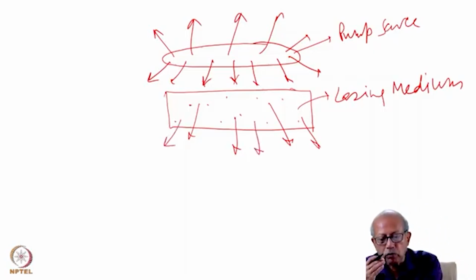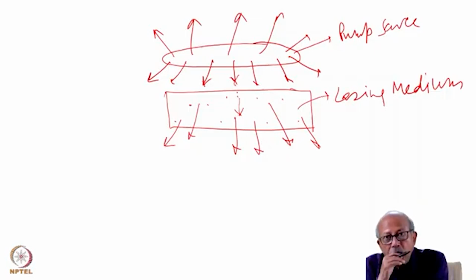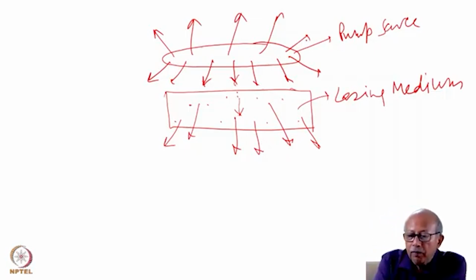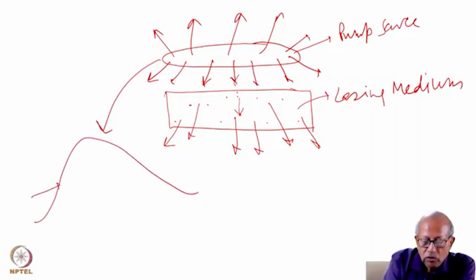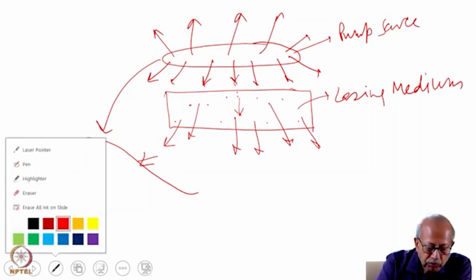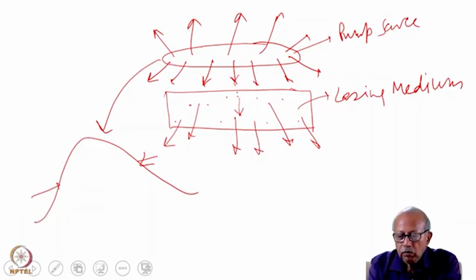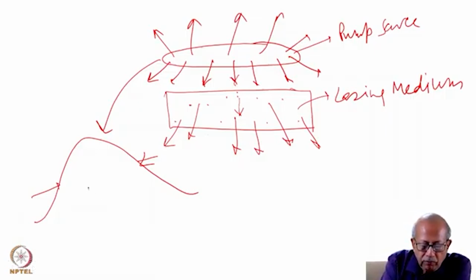Even those photons which may interact with the atom, suppose this photon interacts with this atom, it still may not be absorbed because the emission width of such a source is pretty wide. This is the emission width. And the absorption feature of this gaseous medium can be pretty narrow.